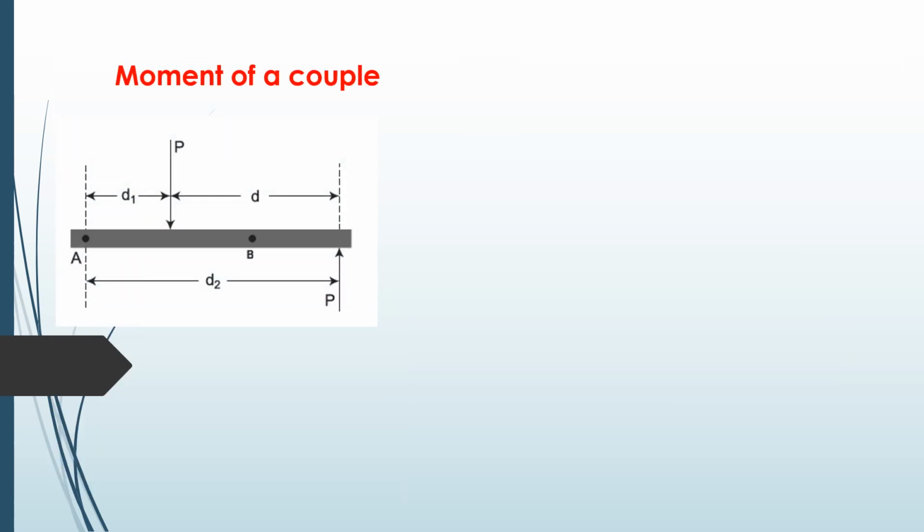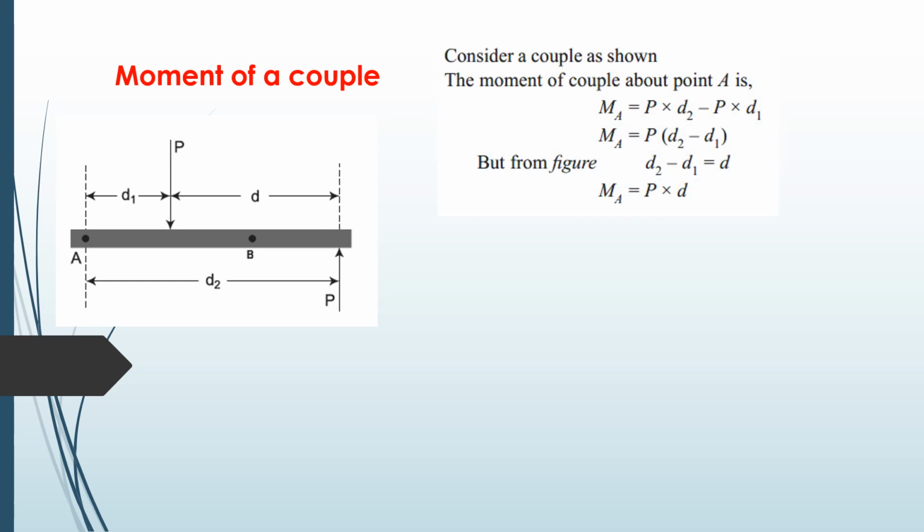Moment of a couple. Here you can see in this figure, P is the force and d is the arm between these forces. Consider a couple as shown, and the moment of the couple about point A. The moment about point A, MA, is P into d2.